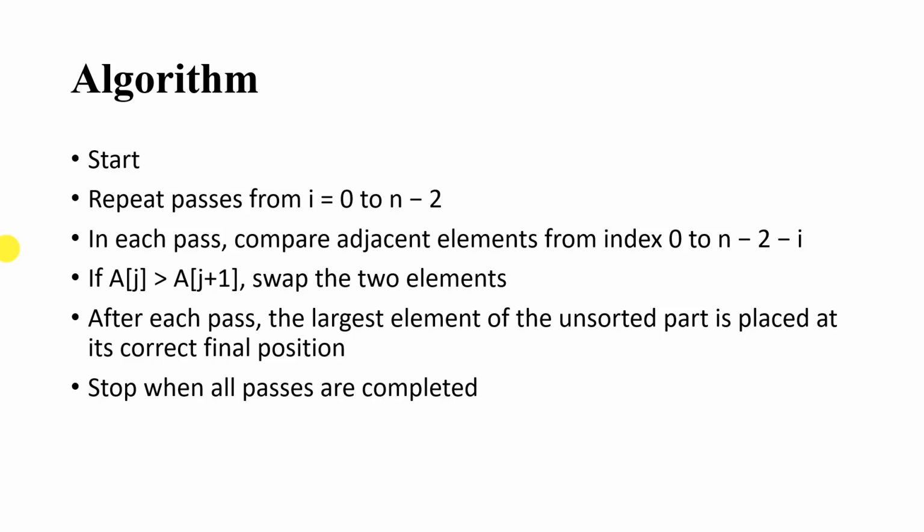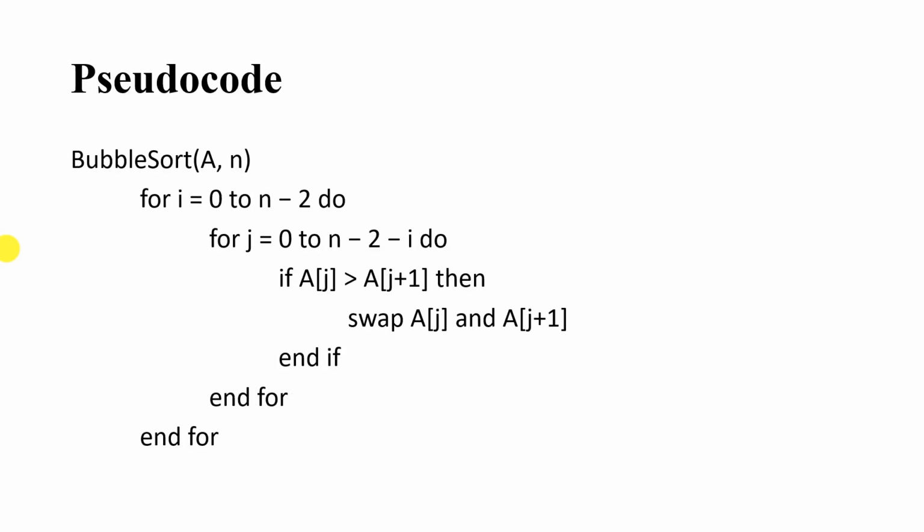When you convert this to pseudocode, the pseudocode is very similar to your working code. So bubble sort will take two arguments: the name of the array and the size of the array. The outer for loop is for the passes, for the scans. We begin the scan with i equal to 0 to n minus 1.